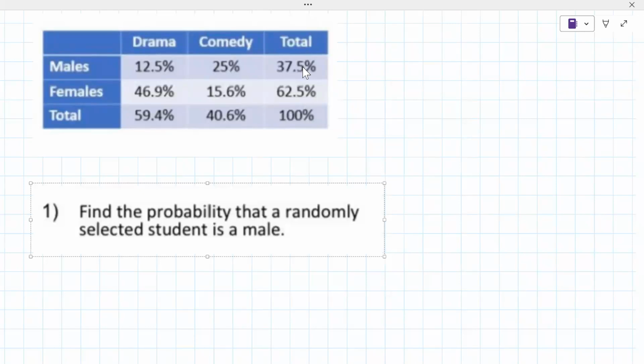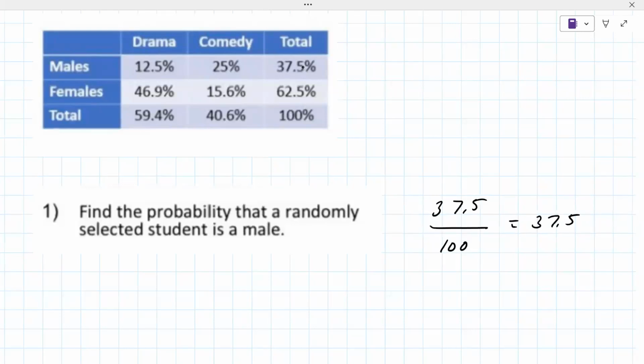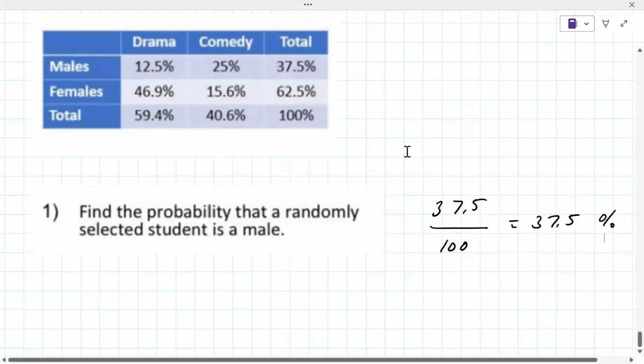So in this case, if you really wanted to, you could do 37.5 out of 100, which is still 37.5%. You still do the same thing. If you're really uncomfortable with working with percentages, you can write it out of 100.